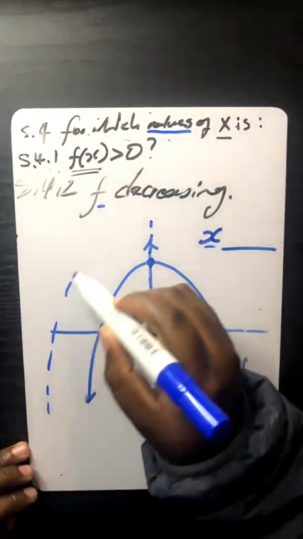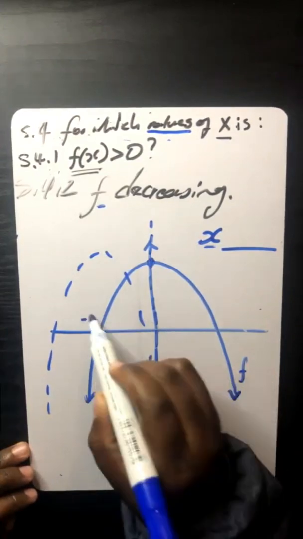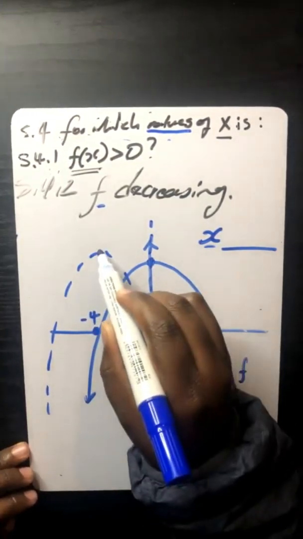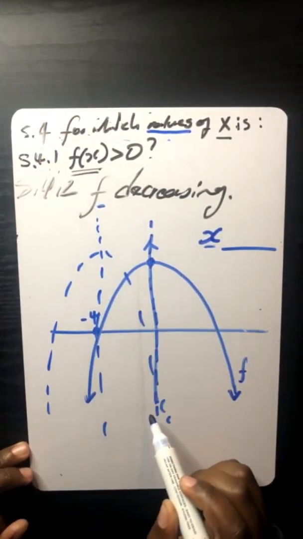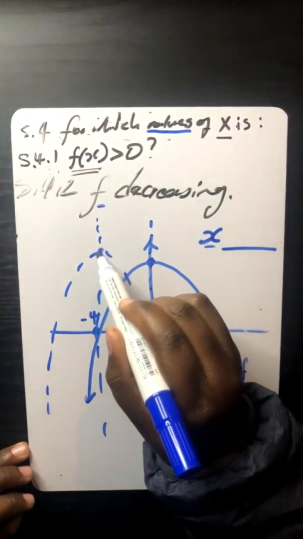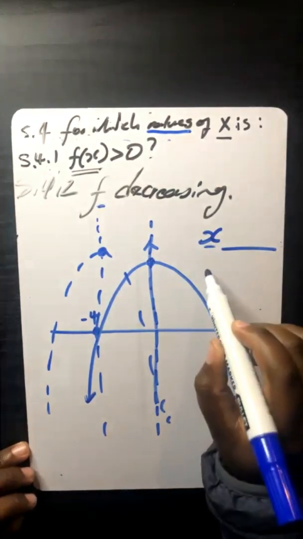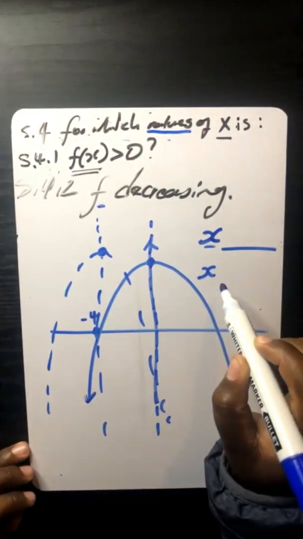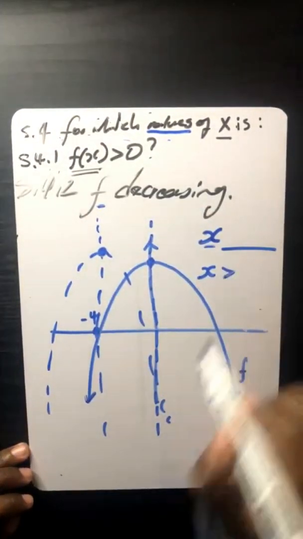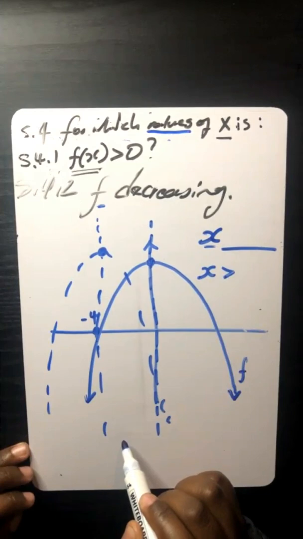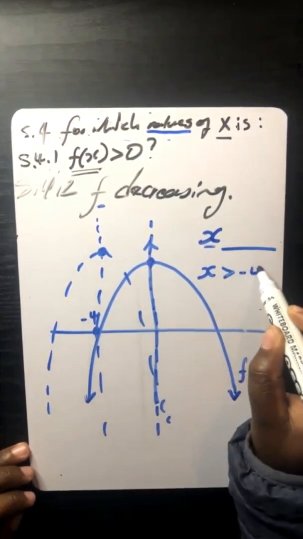If we had a function like that, say the turning point was -4, and the same question was asked, and I want to say this side is decreasing, then I'm going to say x in that direction is greater than that x value, -4.